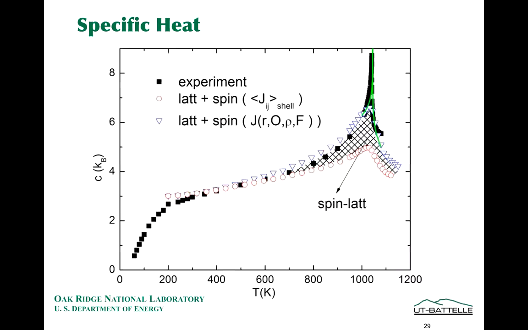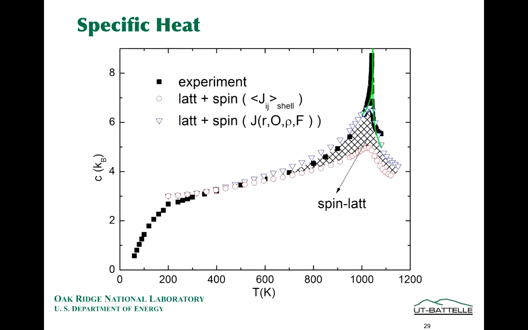And taking all this information into account, we can calculate the specific heat of iron from this model using Monte Carlo. And in this graph you see in black the experimental values for the total specific heat of iron. So that's both the atomic and the magnetic contributions to the specific heat.